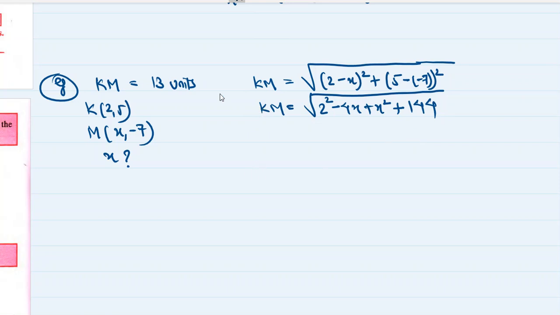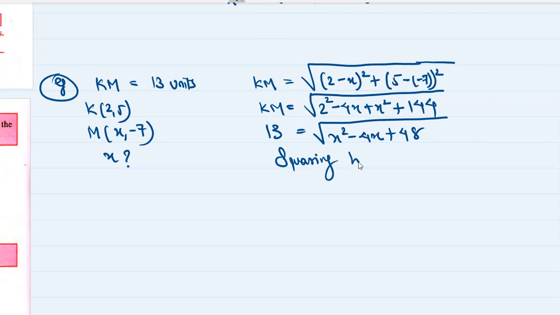Now KM is how much? 13 units. So we'll write 13 is equal to, here we have x square minus 4x. This is 2 square, which is 4, plus 144, which is 148. So we'll do squaring both the sides. What do we get? 13 square, which is 169, is equal to x square minus 4x plus 148.